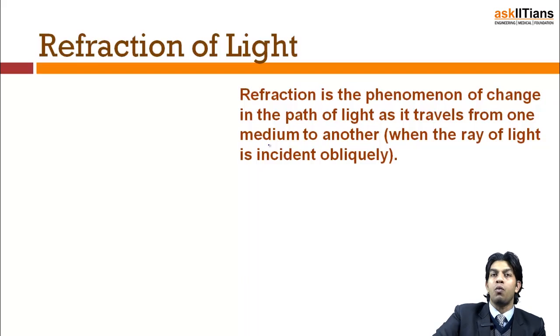And I've told you we won't be getting into the reasons right now. We will be getting into the reasons in the chapter of wave optics. So right now we should know that the speed of the light changes when it moves from one medium to another medium, and that is what affects the path of the light. That is, it has to change its path.